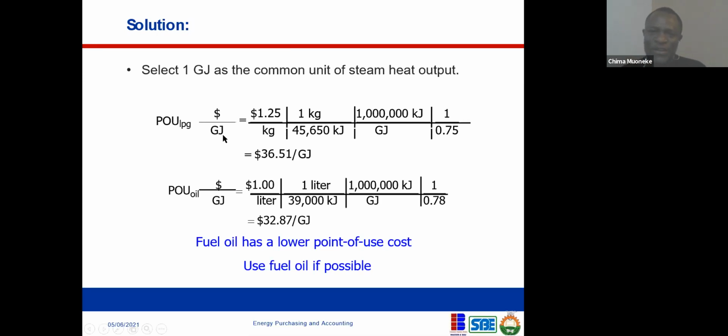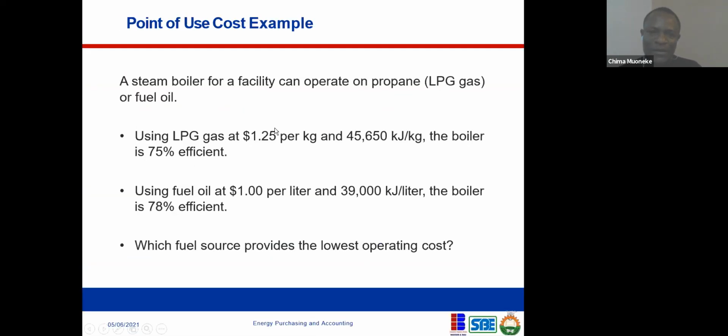Now, if you look at the question, they told us that LPG costs $1.25 per kilogram. But we want to know what is the cost per gigajoule. Okay, and then we were also told, in fact, we are given the conversion factor here.